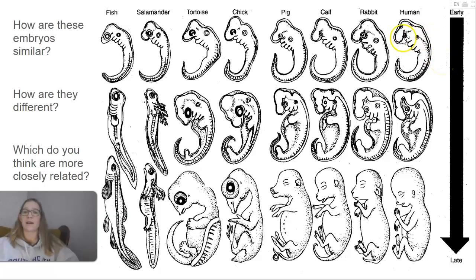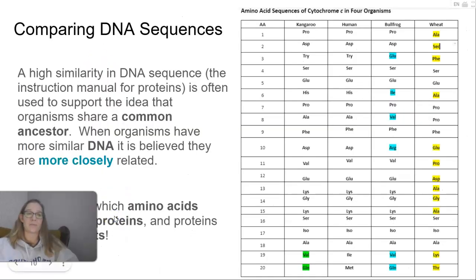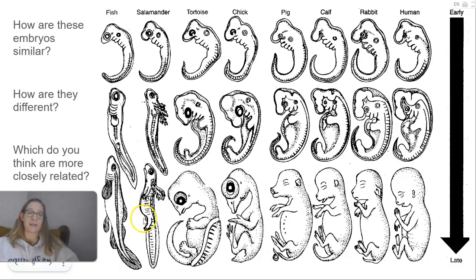Right? There's an eye, there's a tail structure, there's a heart, right? So they all started from one fertilized egg and developed in different ways to form a fish, right? Salamander will actually have legs, turtles will have shells, and so on and so forth.